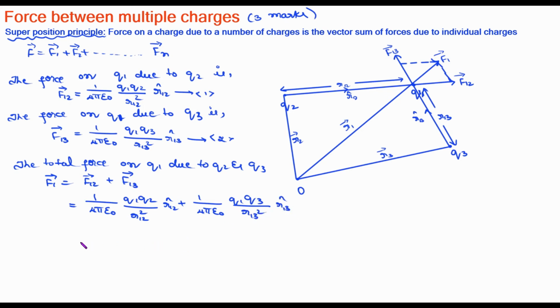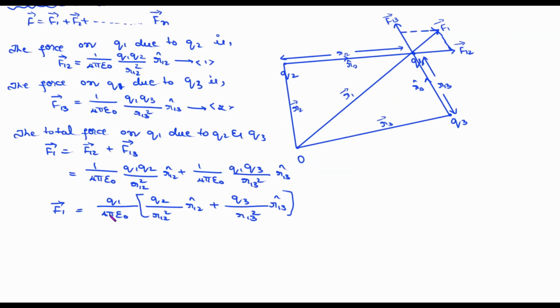As you can see here, Q1 divided by 4 pi epsilon naught is common. So we write the remaining: Q2 divided by R12 square R12 cap plus Q3 divided by R13 square R13 cap. This is only for a system of two charges influencing another charge.